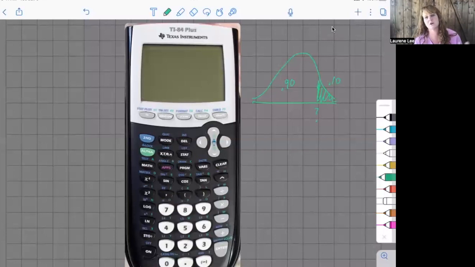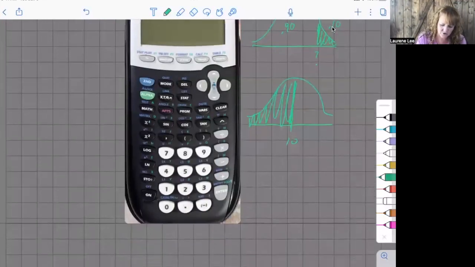It's always going to measure from the left. So for this problem on a TI, if you have your 10 in the middle, and you enter 10 on your binomial distribution, what it will do is everything up to and including 10 because it's coming in from the left. So if you want 10 and above, you have to do 1 minus. So let's talk about that.